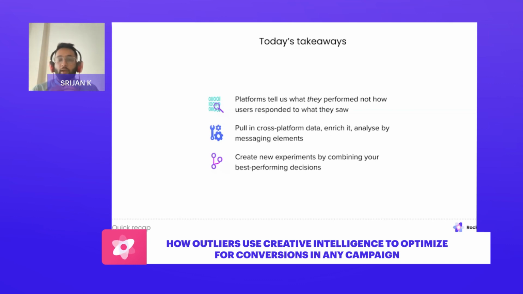The idea was that you could then create these creative combinations, or come up with more experiments by combining your best performing decisions, and then quickly implement those decisions by making updates in the creative, which is what we covered.